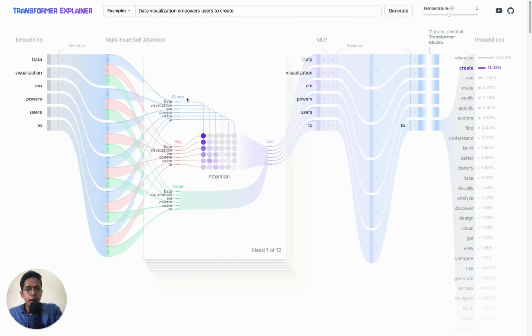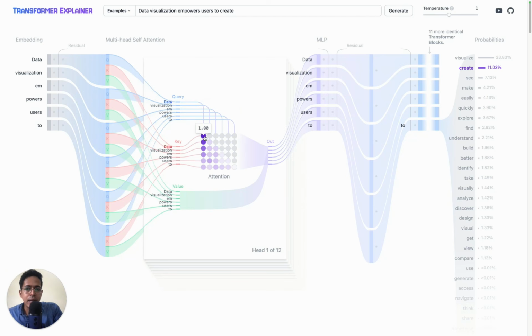We do a dot product between them to get this attention matrix. So the query of data is dotted with the key of data. So that is this. Here, query of visualization is dotted with key of data. Do you see the color changing here? When I move my mouse pointer from here to here, the blue color is changing from data to visualization over here. Just focus your attention here. I can also zoom in, but then you will lose the entire picture.